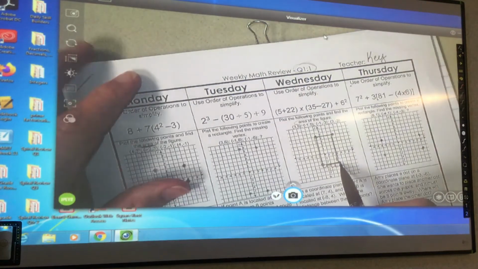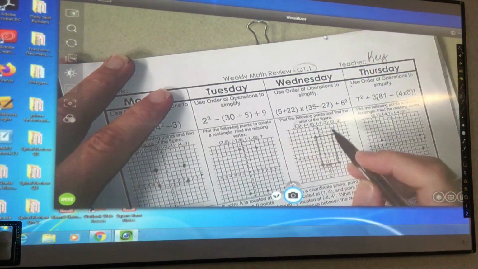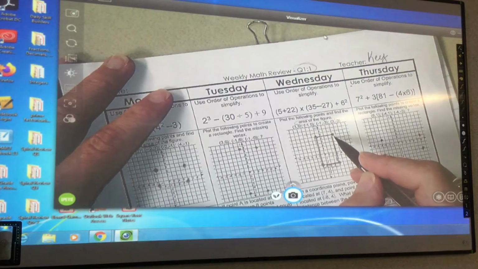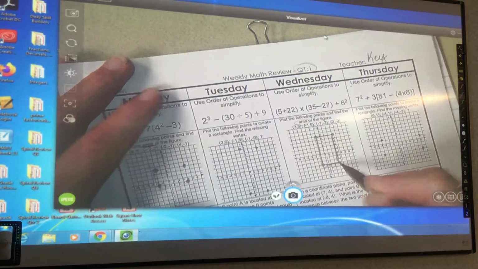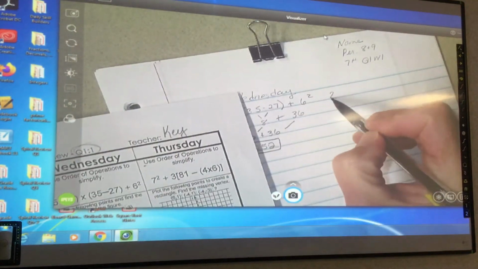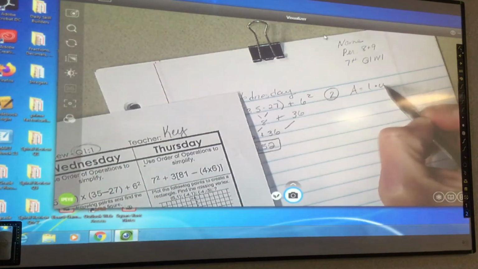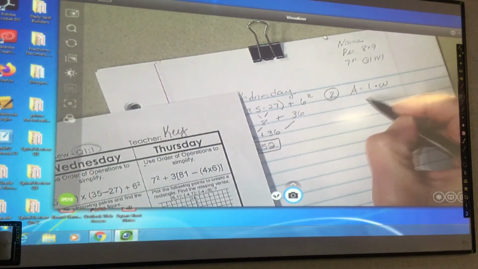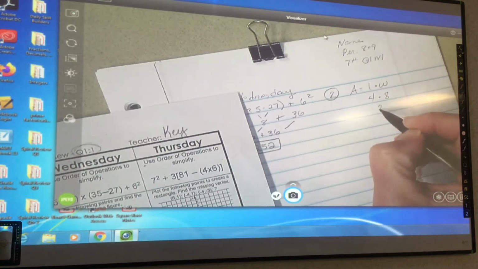So it goes 4 along the bottom, and then what's the length of the side? 8, because I count 1, 2, 3, 4, 5, 6, 7, 8. So on my paper for number 2, I'm going to write the formula. Area equals length times width. So it'll be 4 times 8, and it's 32. Very good. Put a box around your answer.